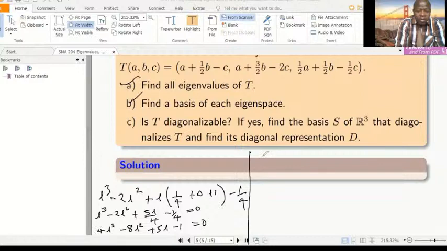We need to have R out of S, where R will be the factors of the constant term, which are plus or minus 1, and S will be the factors of the coefficient of lambda cubed, which are plus or minus 1, plus or minus 2, and plus or minus 4. So the roots of this equation are one of the following.